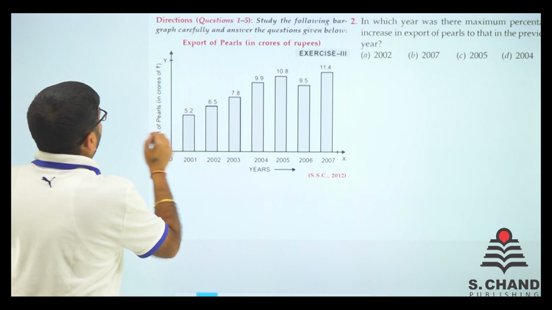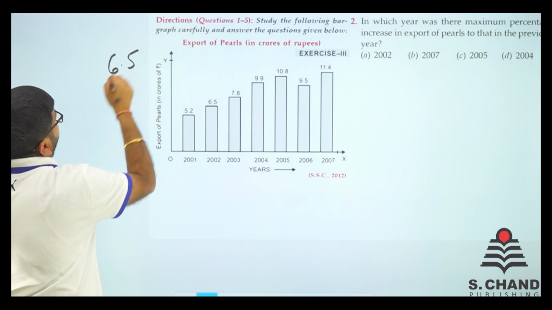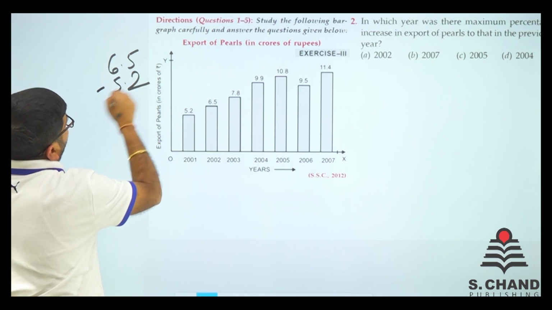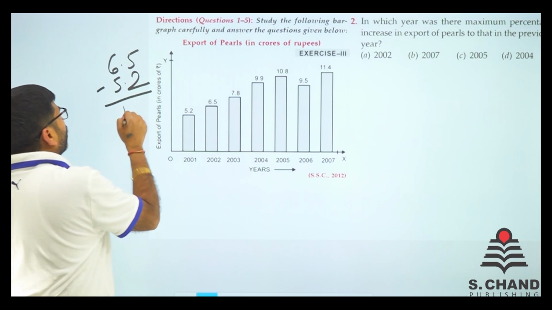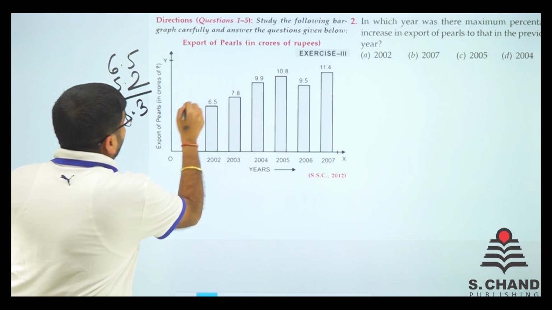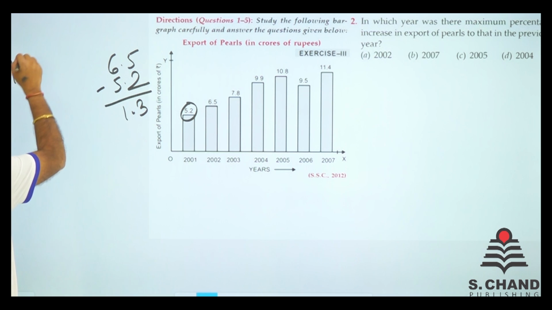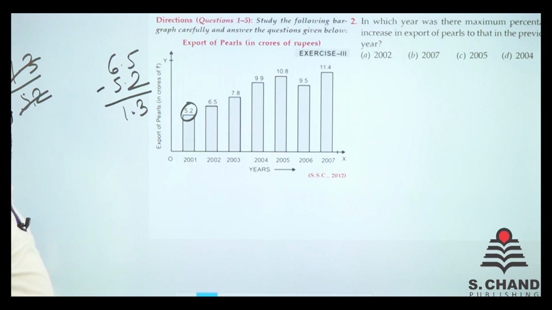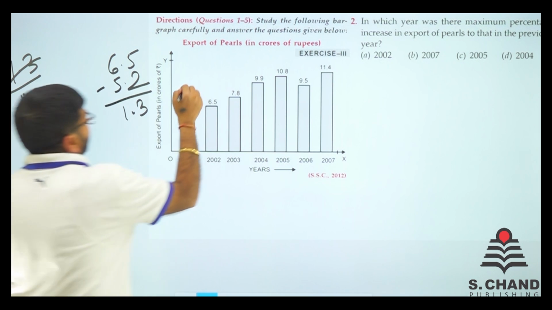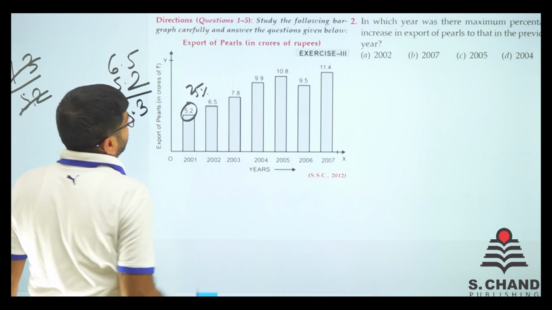We do it one by one. So 6.5 minus 5.2 is like 15 minus 2 is 13. So we have got 1.3. Now 1.3 by 5.2. So it is like almost 4 times because 13 into 4. So 25%. This is 25%.